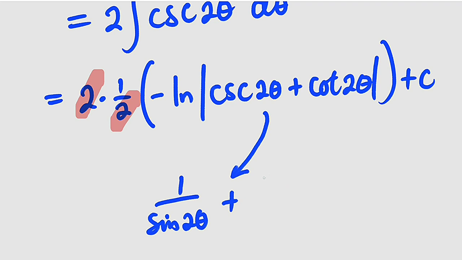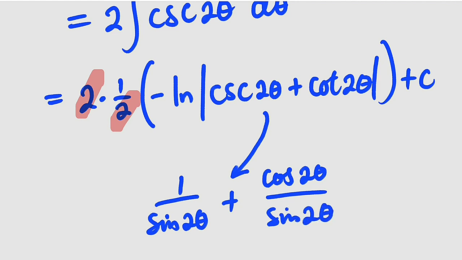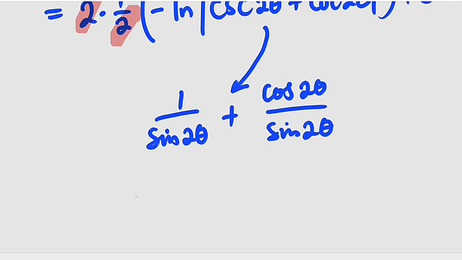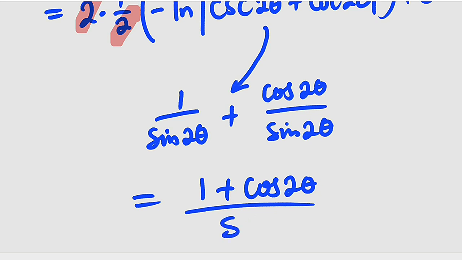Cosine divided by sine. We have cosine 2 theta divided by sine 2 theta. We have common denominators, so we can add the numerators: 1 plus cos 2 theta divided by sine 2 theta.